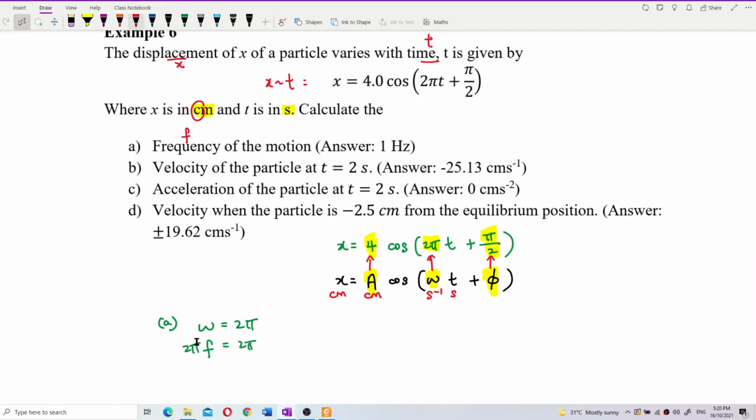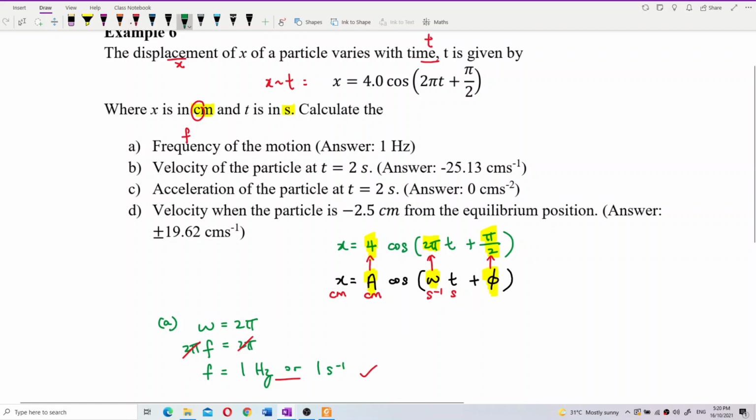So they can cancel. And then what is the frequency? The frequency is 1 hertz, or 1 per second. Either unit, hertz or per second, because the time given is in second. So our frequency is 1 per second, or hertz. So the answer is correct.